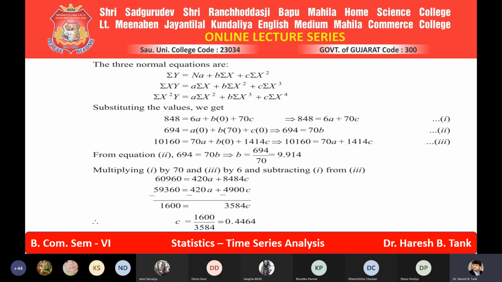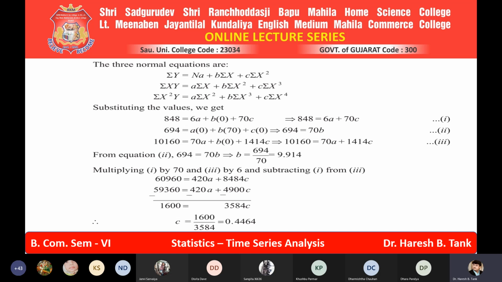So your equation will be reduced, and from the second equation you will get the value of b directly, as summation of x and summation of x cubed both go to 0. What is the value of b? 9.914. Absolutely perfect, which is 9.914.